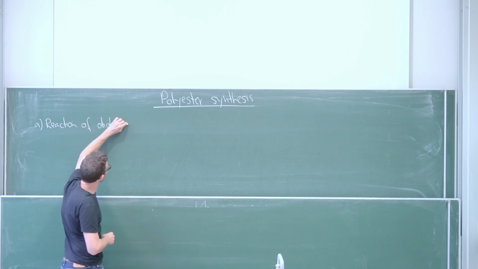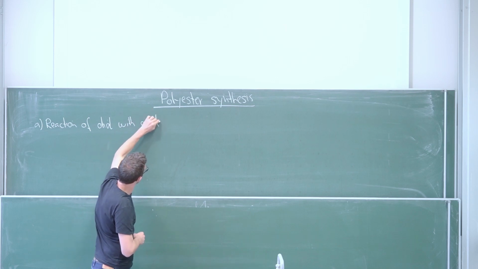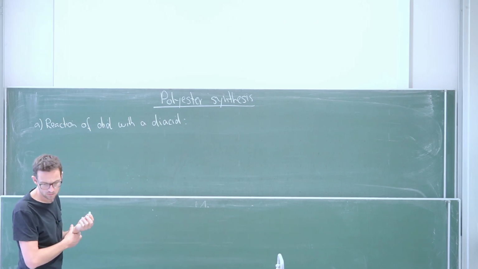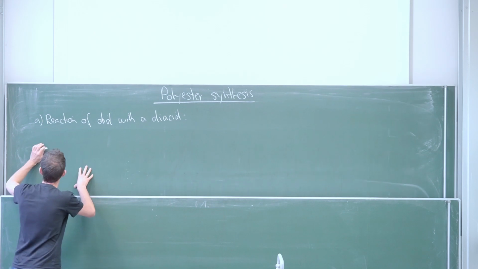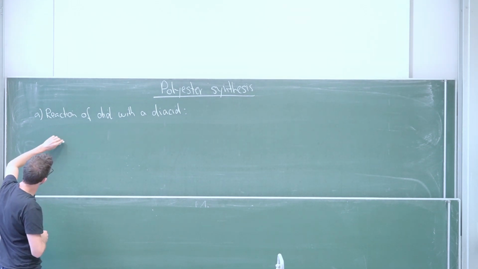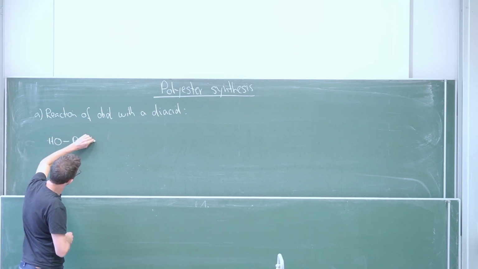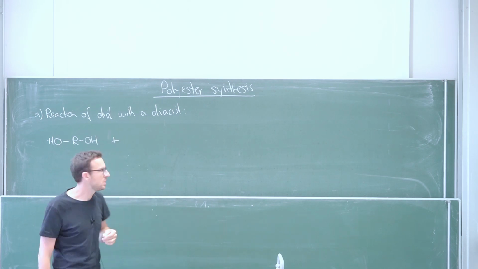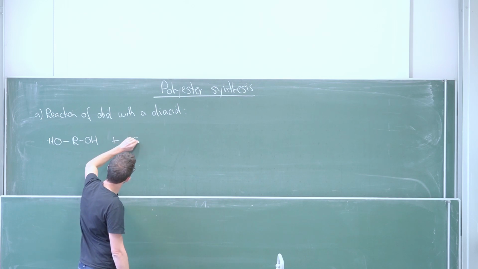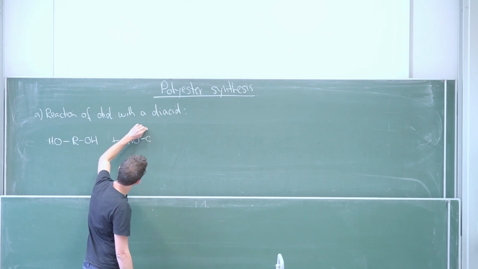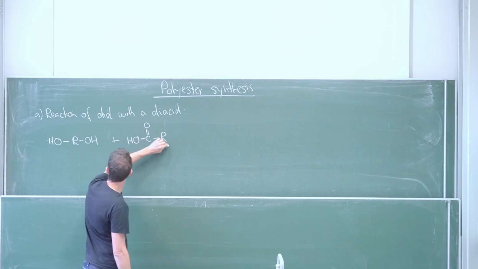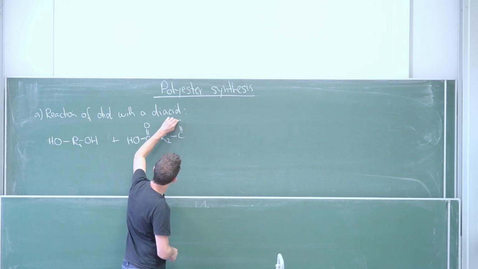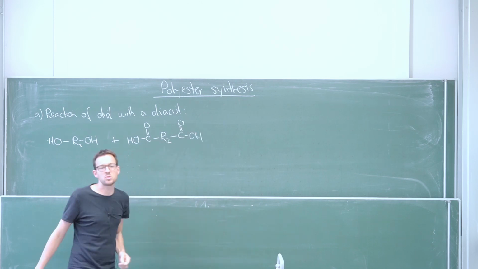So how does this look? We have our diol here, and we let it react with a molecule that contains two organic acids, in this very generic reaction scheme.